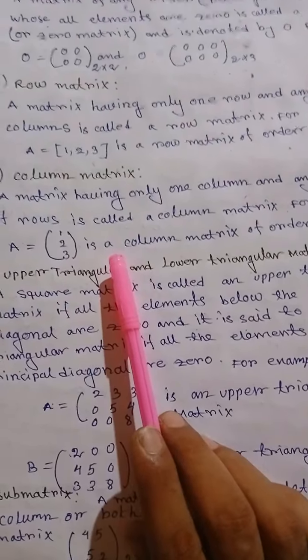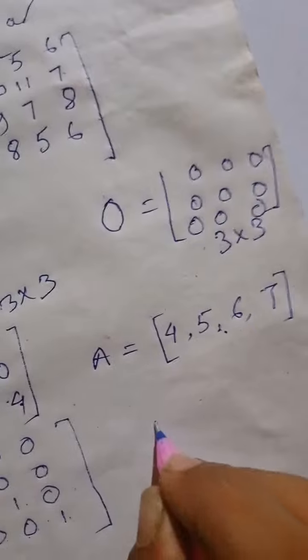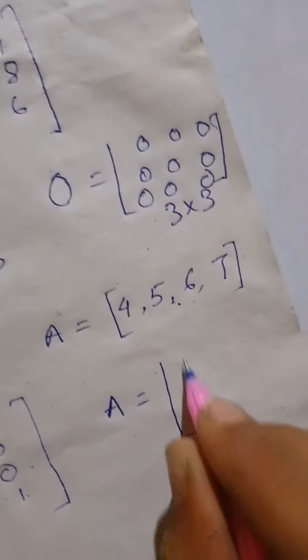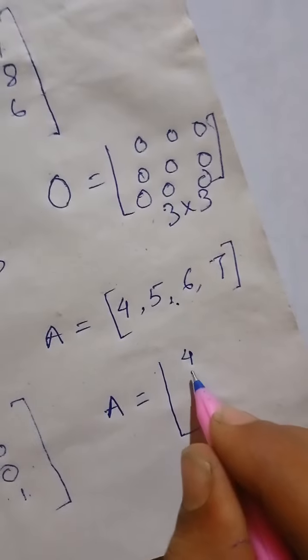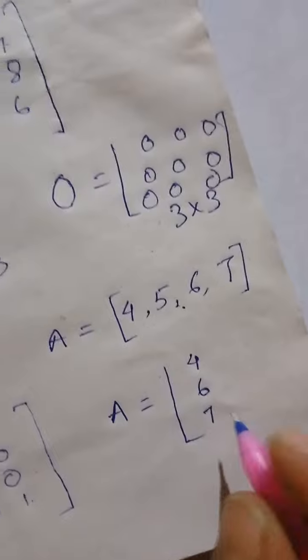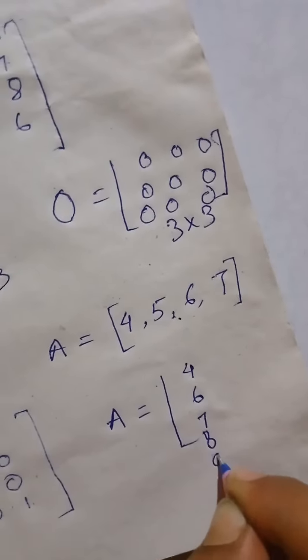So it's an example of a column matrix. Let a matrix A be 4 6 7 8 9.